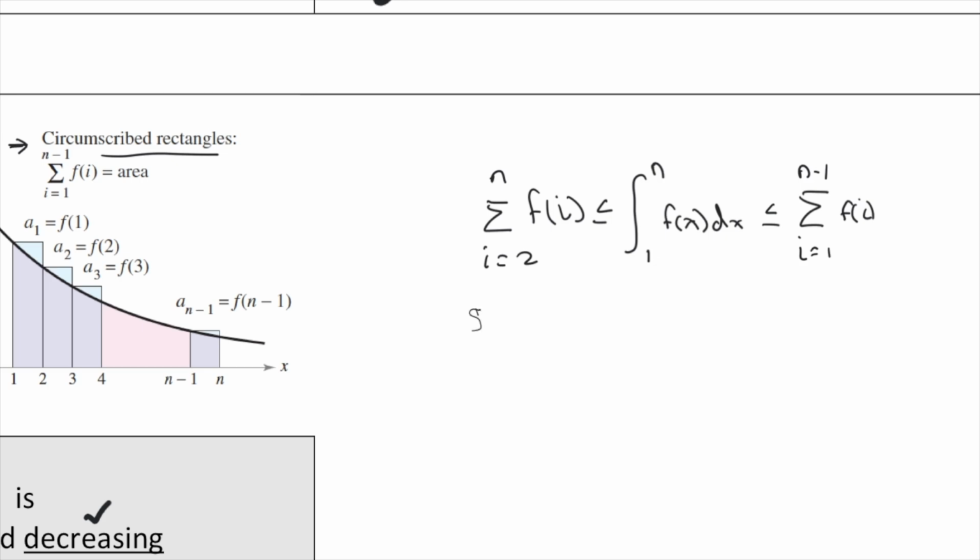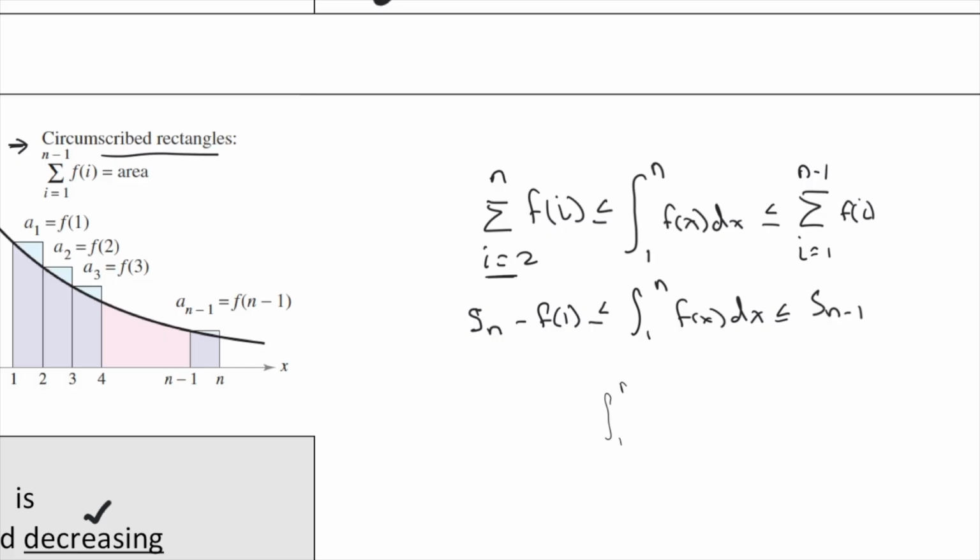We know that the nth sum, minus the original value at the function, because we don't have i as 1, has to be less than or equal to the integral from 1 to n of f of x dx. And that, of course, is going to be less than or equal to s of n minus 1.